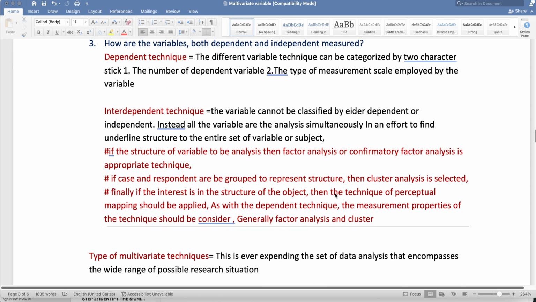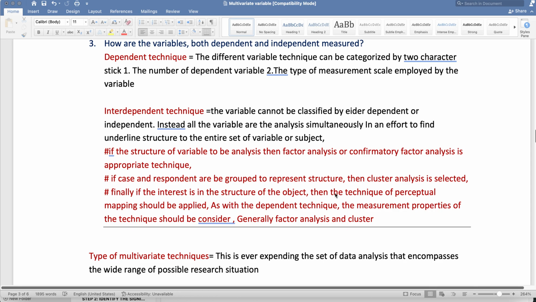Interdependence techniques. The variables cannot be classified as either dependent or independent. Instead, all the variables are analyzed simultaneously in an effort to find an underlying structure to the entire set of variables or subjects. If the structure of variables is to be analyzed, then factor analysis or confirmatory factor analysis is the appropriate technique.